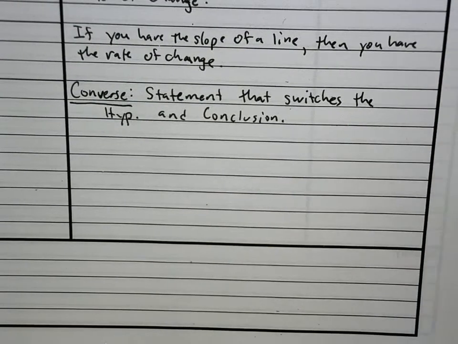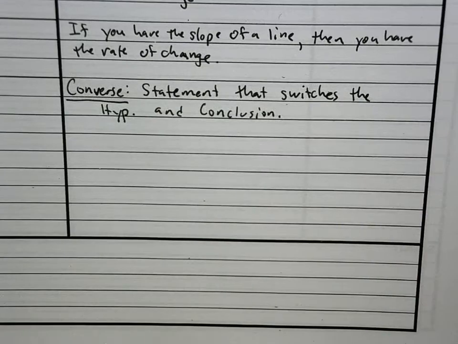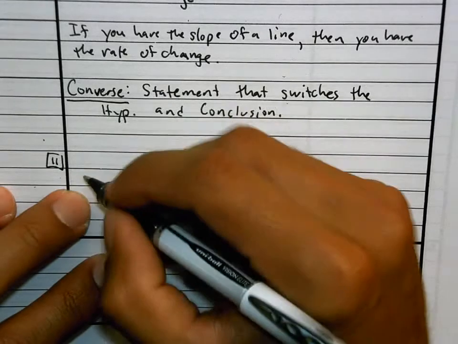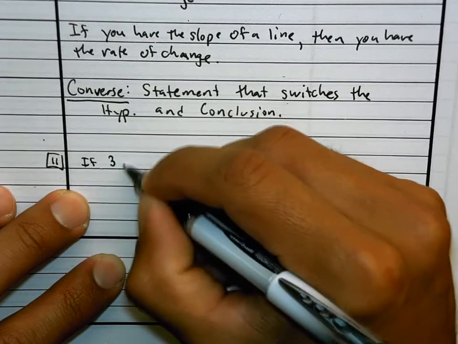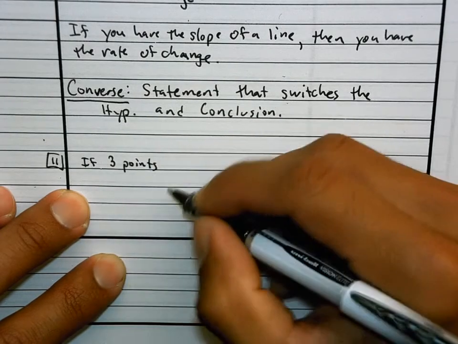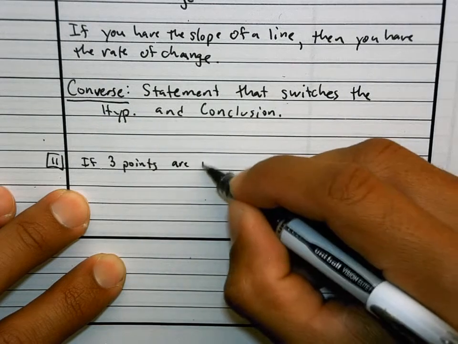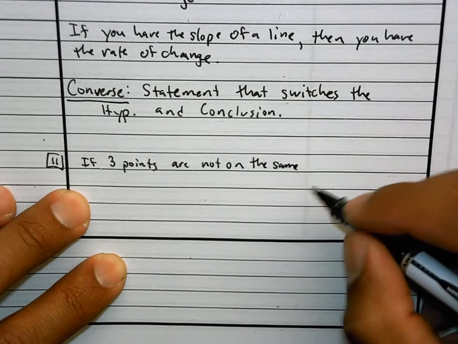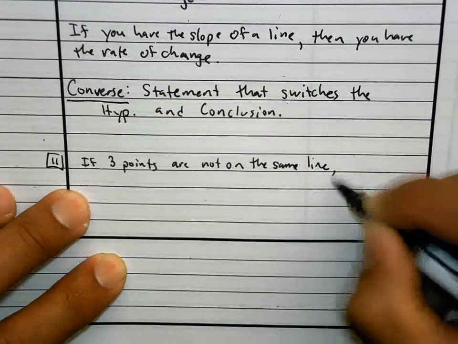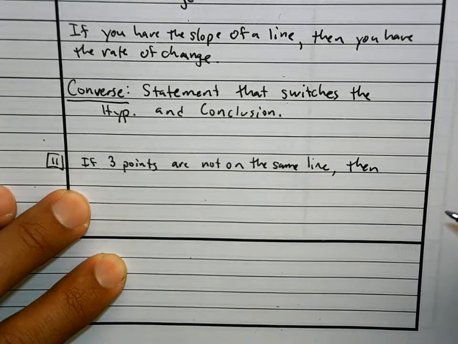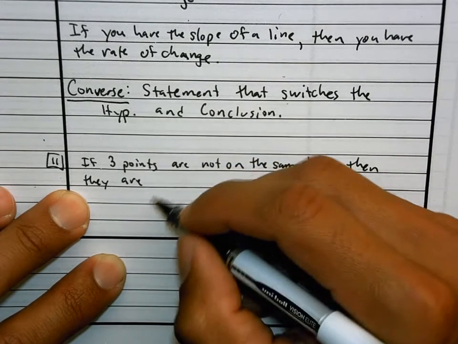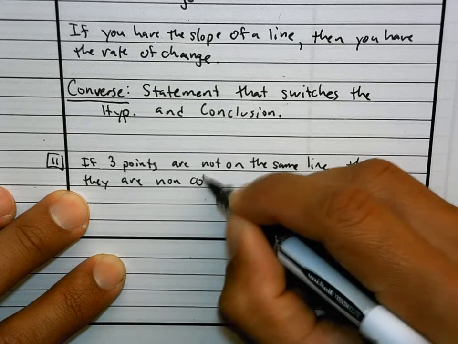Okay. So converse: a statement that switches the hypothesis and the conclusion. An example, I'll do number 11 with you guys. Number 11 says, if 3 points are not on the same line, then they are non-collinear.